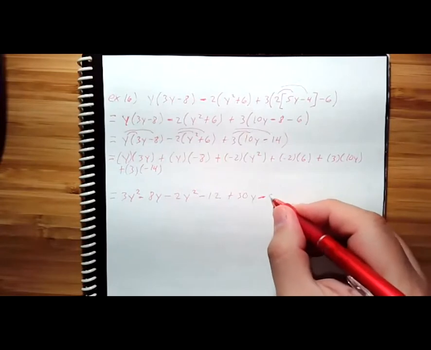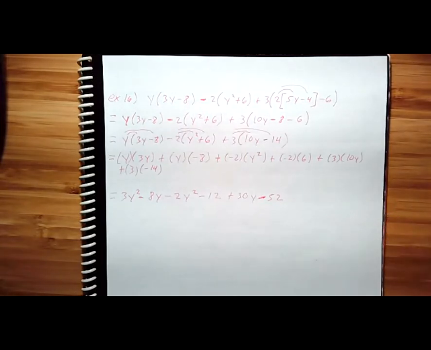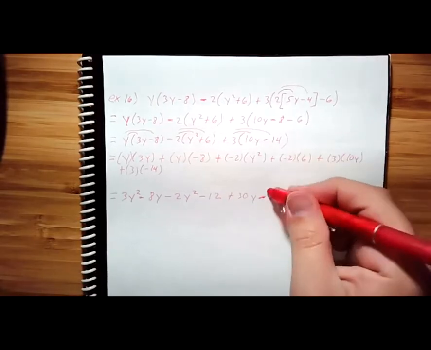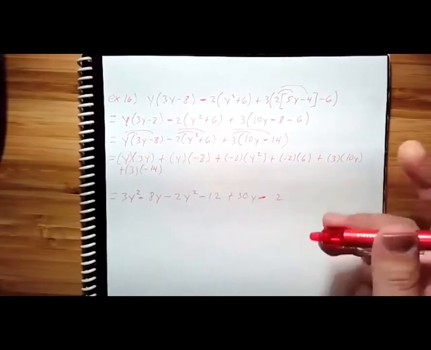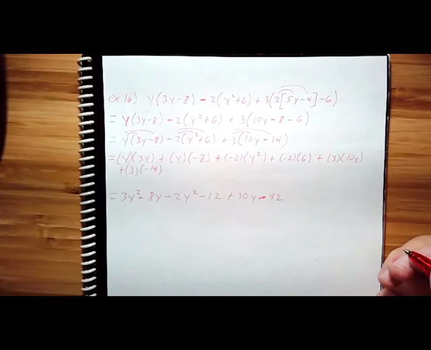Is that -52? Or 42? What do you guys think? It's -42. That's right. Okay. So at this point, they're all multiplied. Everything has been distributed. We're good.